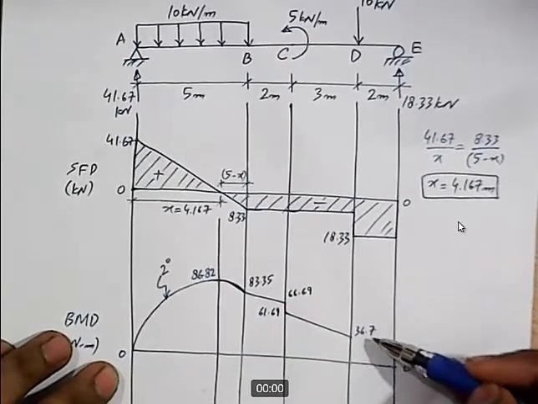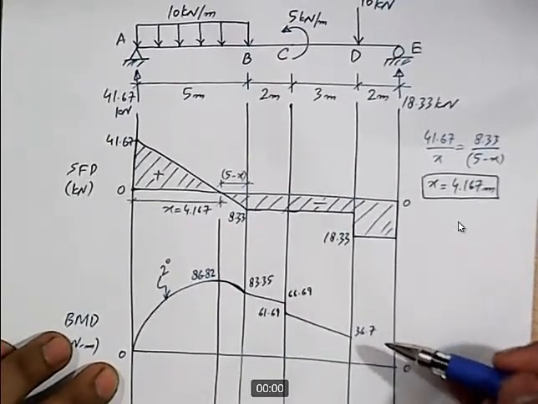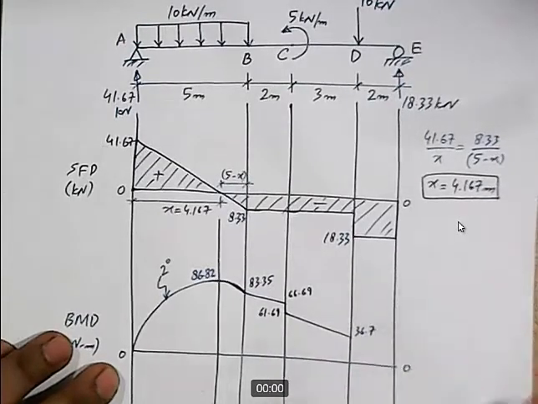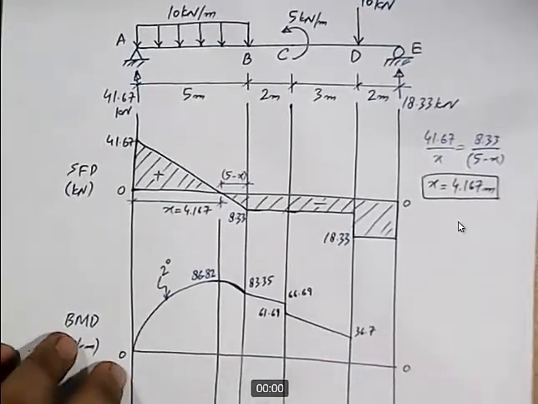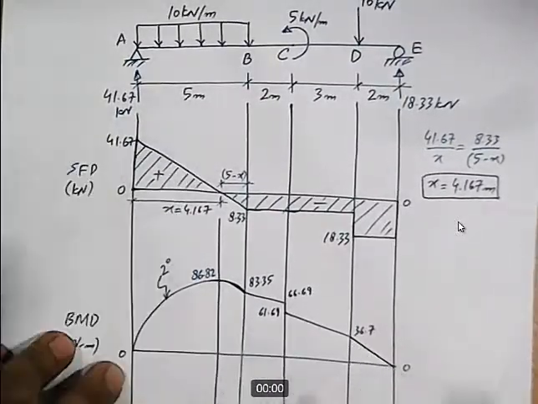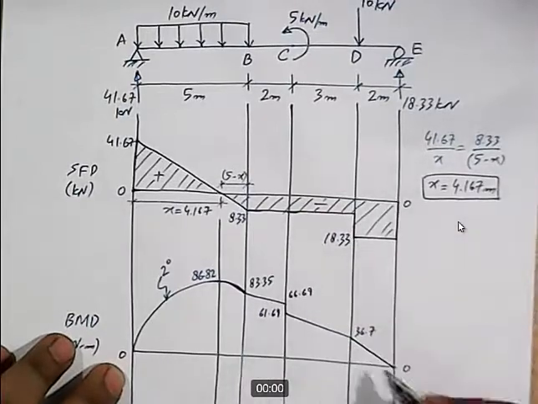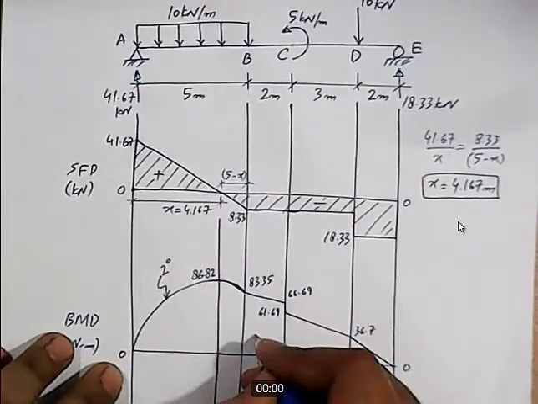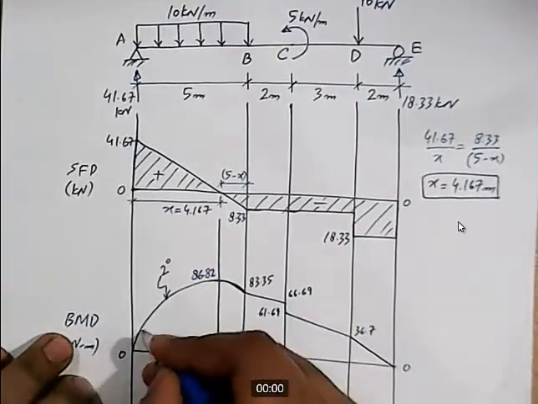So if you take the difference, you will get 0.04 as the remainder. So we can just simply ignore that. So we'll say that after subtracting this area, our diagram is closed. This brings us to 0. 0 means our bending moment diagram is also correct, and the entire bending moment diagram is positive.